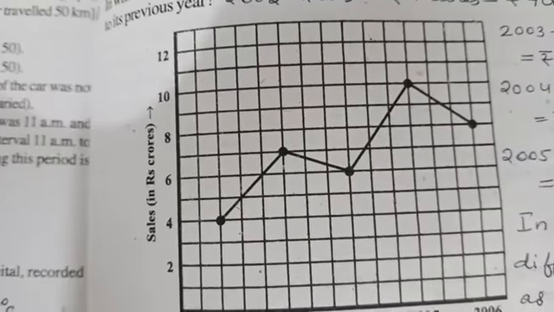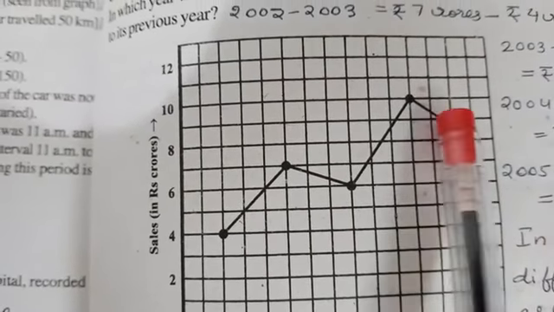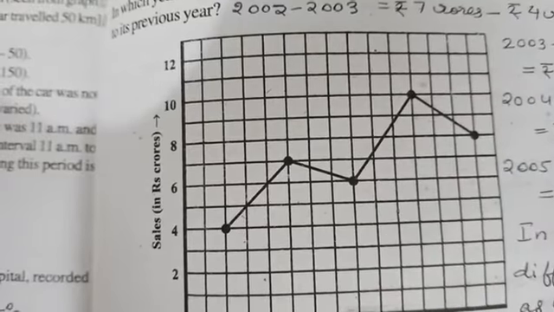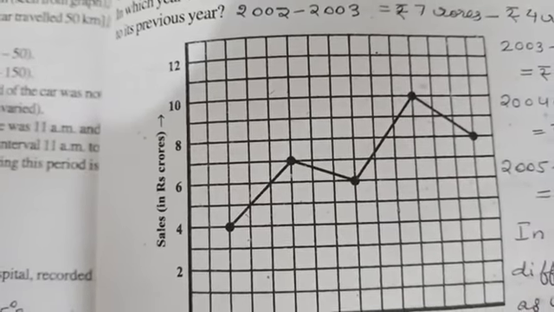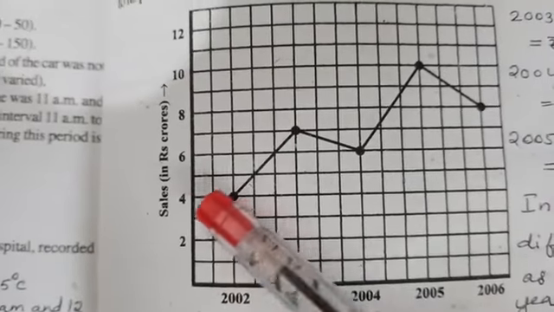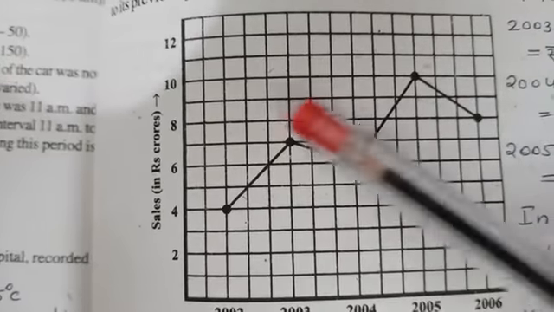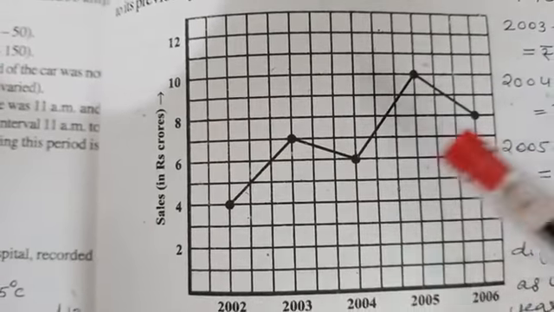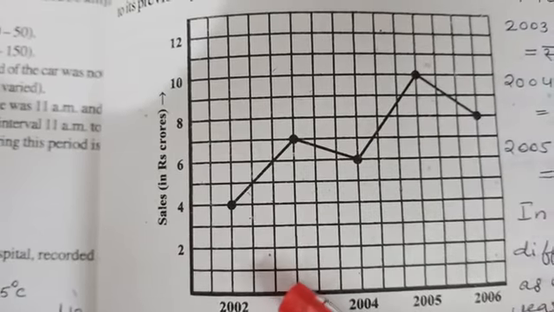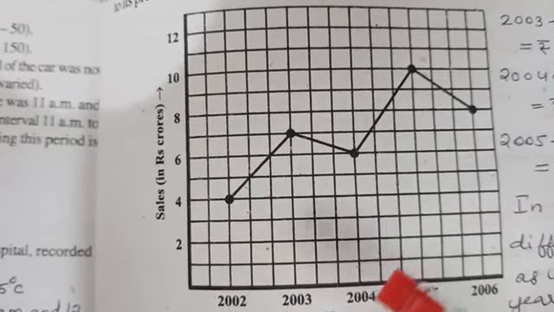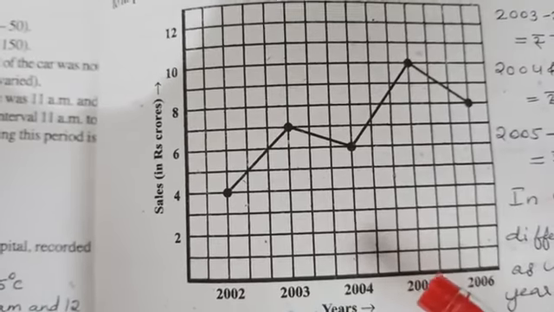In 2002 it is 4 crores and in 2006 it is 8 crores. So 8 minus 4 is 4. The difference is 4 crores.